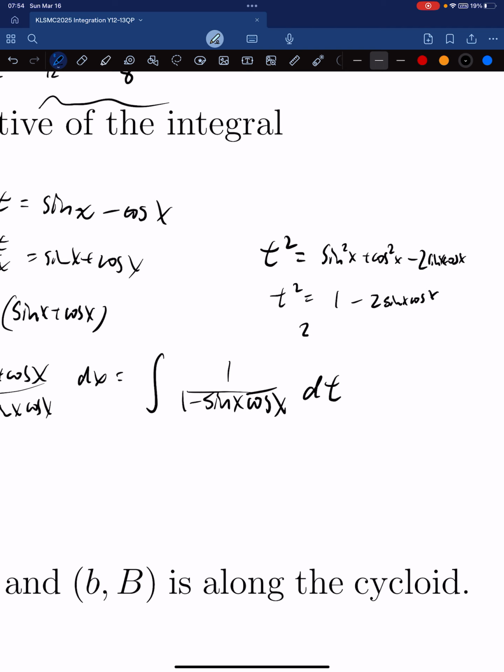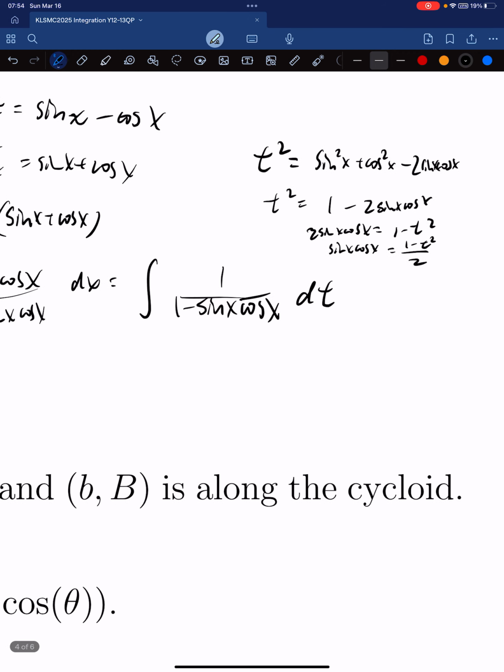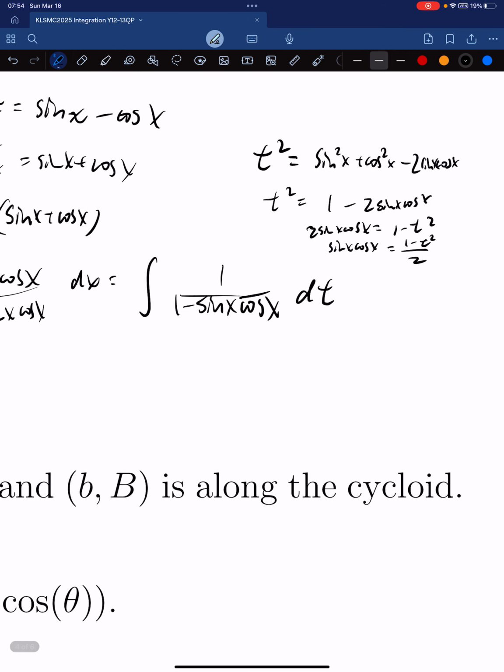If we wish to express sine x cos x in terms of t, we move t squared to the right, and so 2 sine x cos x equals 1 minus t squared. So sine x cos x is 1 minus t squared over 2. Then we can do some changing and resubstitution.